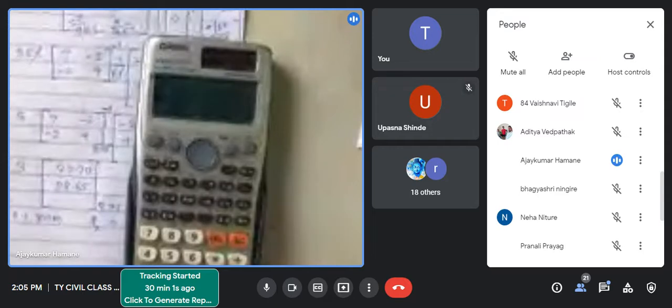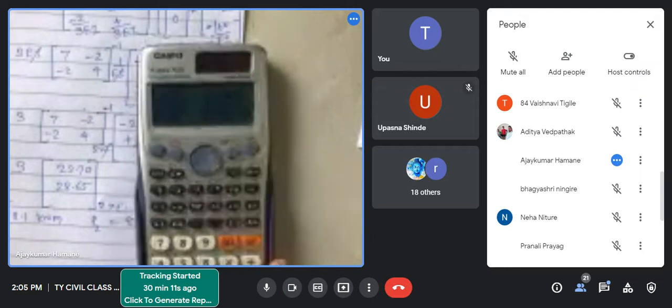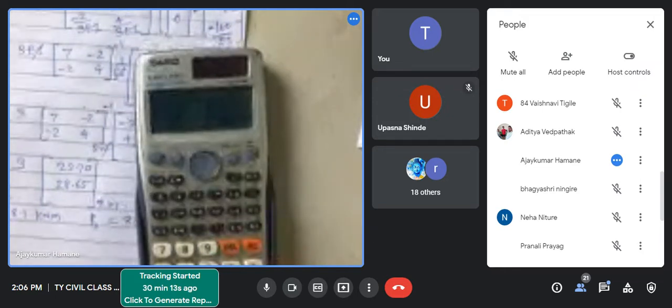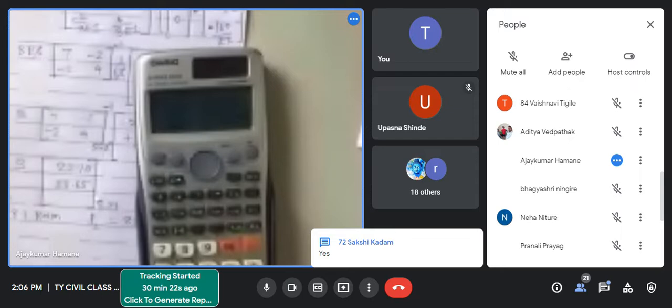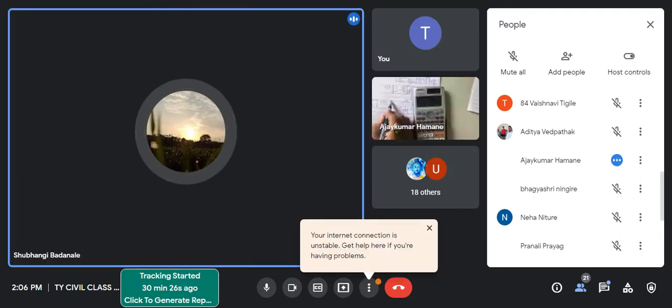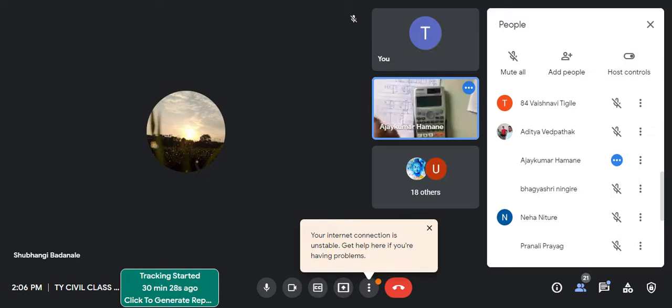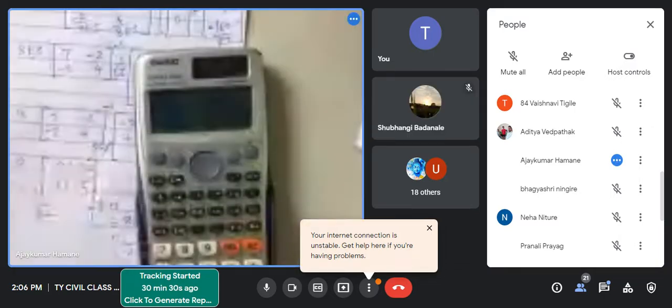You can see on your calculator first dimension, mat A, mat C, correct? Yes or no? The screen is visible also.